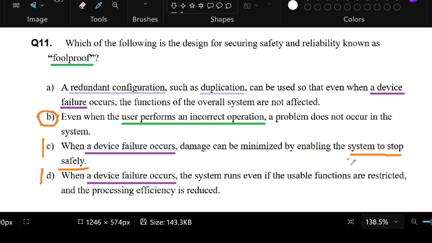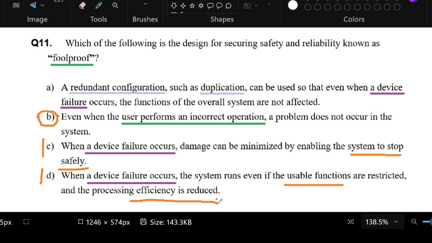But if you're running a server, we want to keep the server running, and stopping it because there's a problem is one of those cases that tell us that there's something wrong with your design, with your system plan. For letter D, it says that there would be a restriction in the usable functions and the efficiency would be reduced.